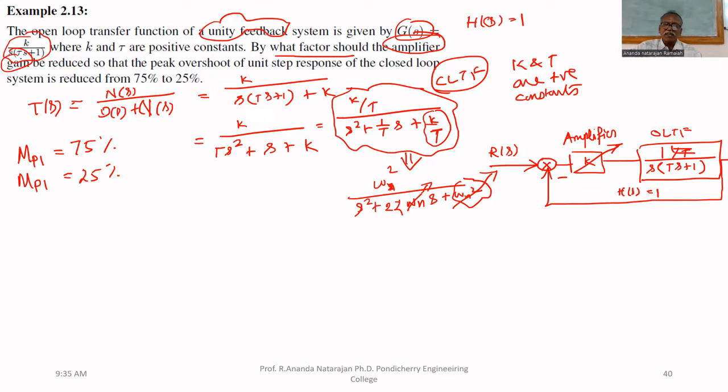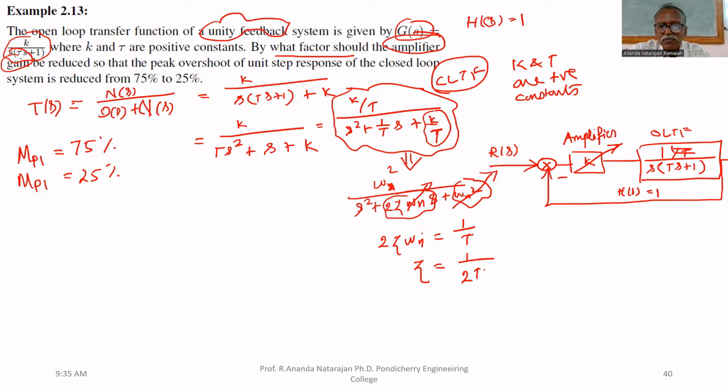As omega n is variable, the zeta value will change, because if you compare, 2 zeta omega n equal to 1 by tau. Therefore, zeta equal to 1 upon 2 tau omega n.